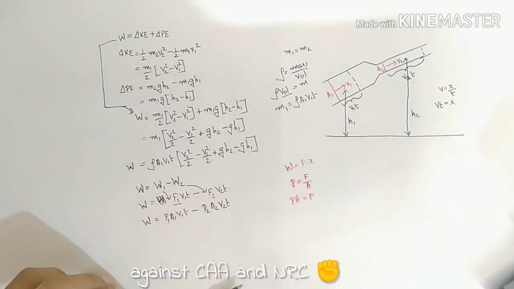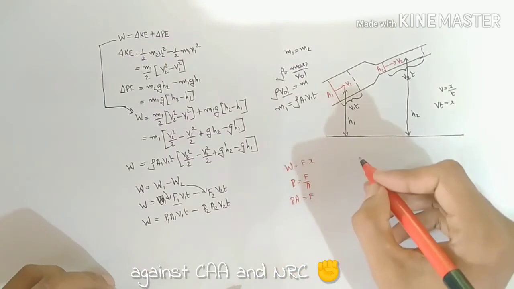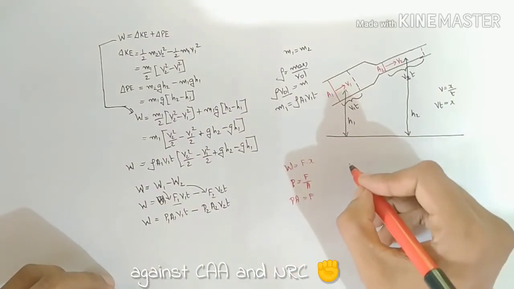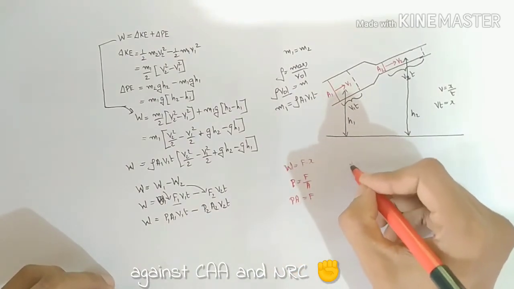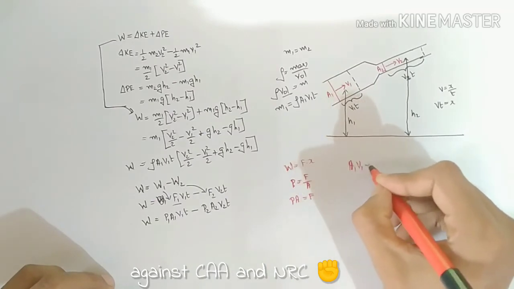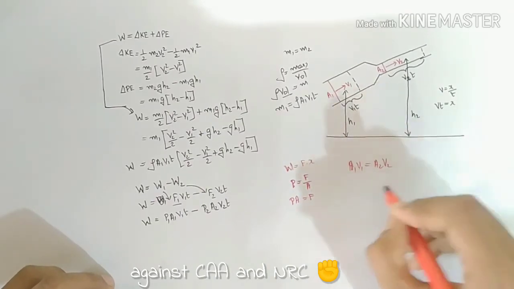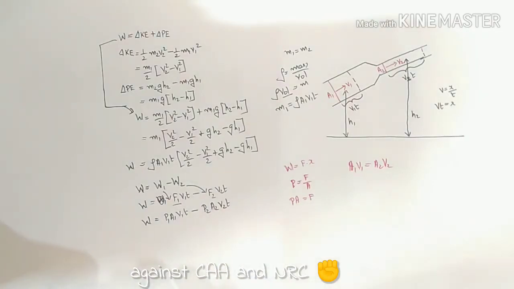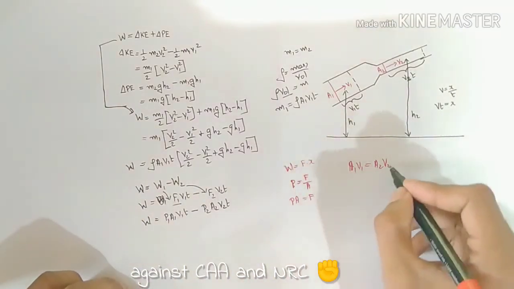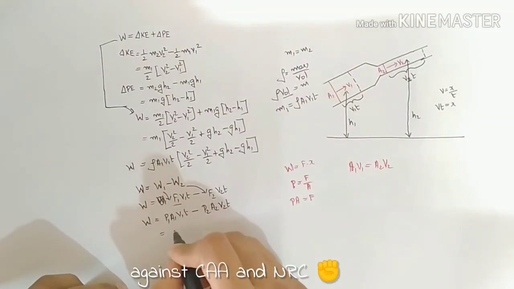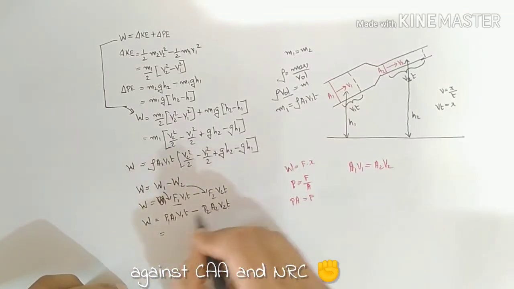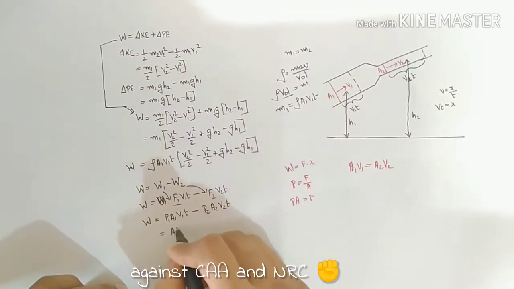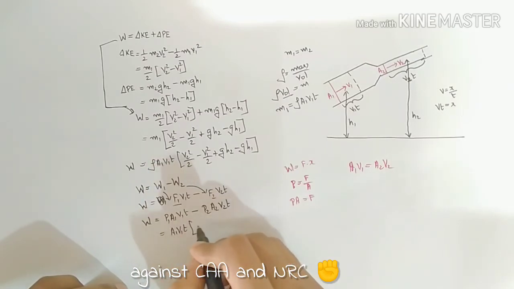Then let's recall the equation of continuity. What is the equation of continuity saying? The mathematical form was A1 V1 is equal to A2 V2. This was the mathematical form of the equation of continuity. The product of area of cross section and velocity will be constant. Therefore, A1 V1 equal to A2 V2 means we could take A1 V1 T common out, then it is P1 minus P2.